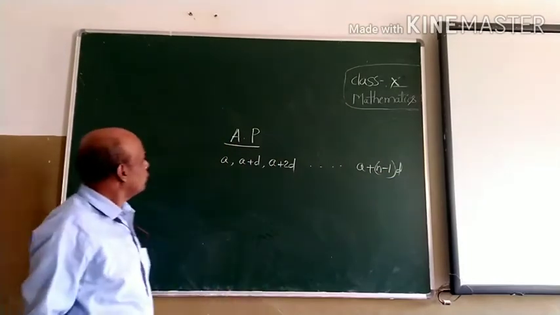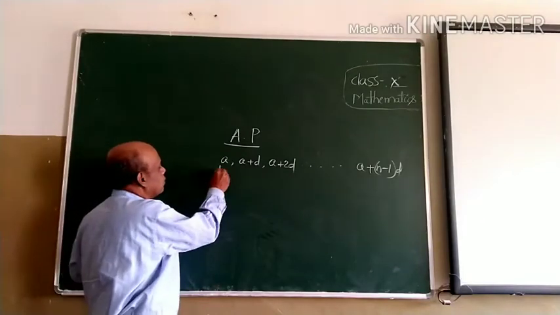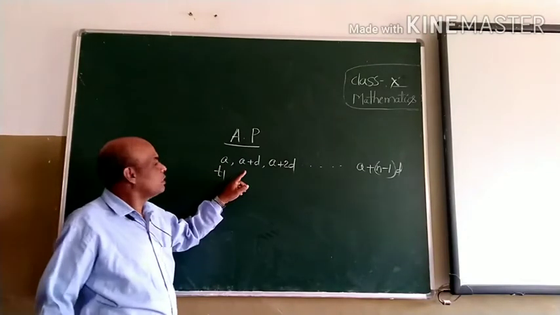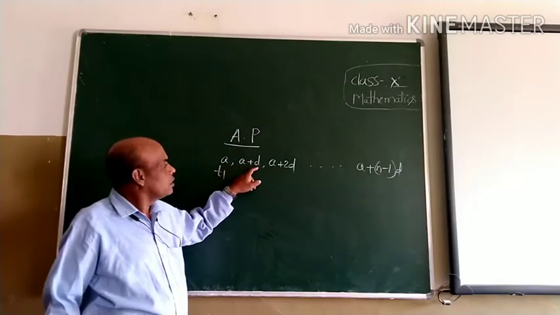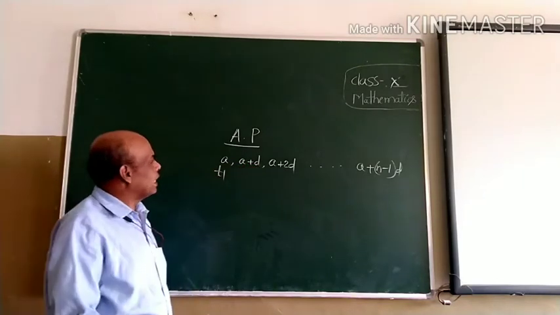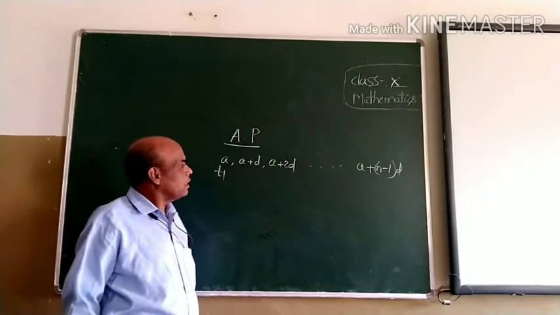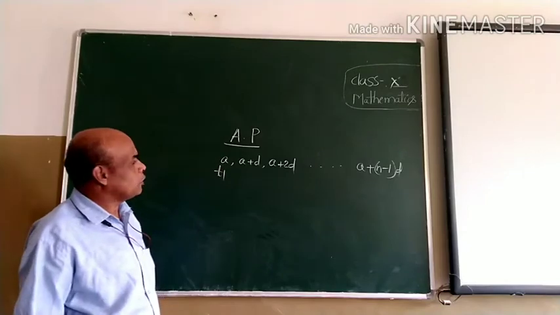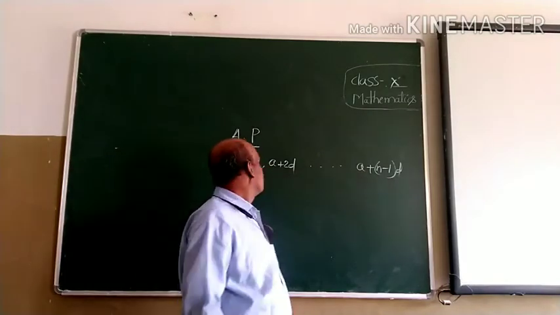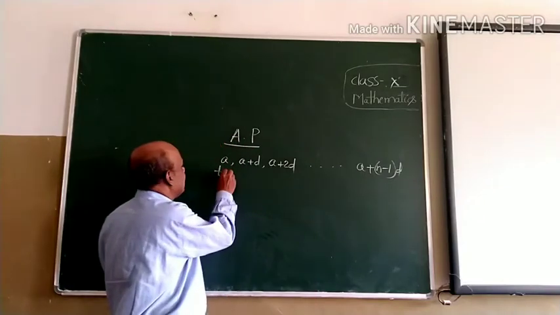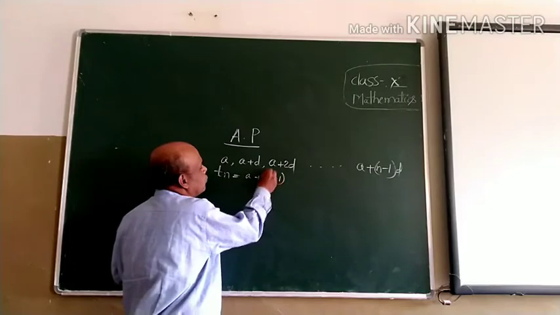I told you the first term is a, the second term t2 is the first term plus the common difference, the third term we write a plus 3 minus 1 into d, like that the fourth term is a plus 4 minus 1 into d. Similarly, the nth term tn is a plus n minus 1 into d.